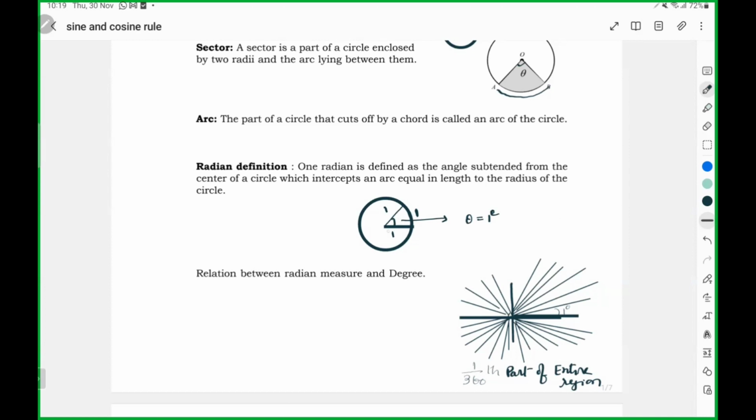So if the radius is 2 and the arc length is 2, then the angle subtended is 1 radian.